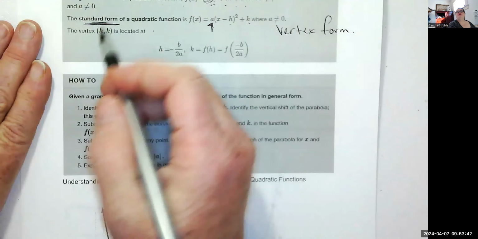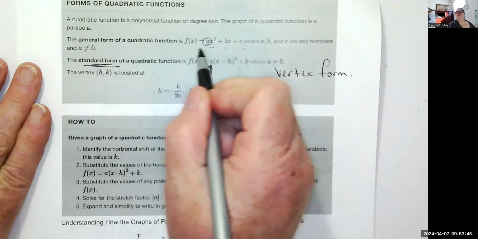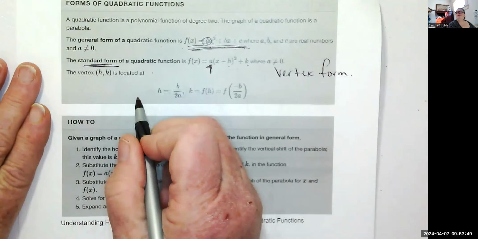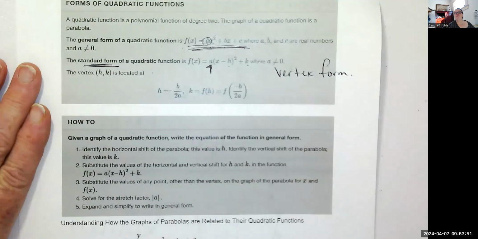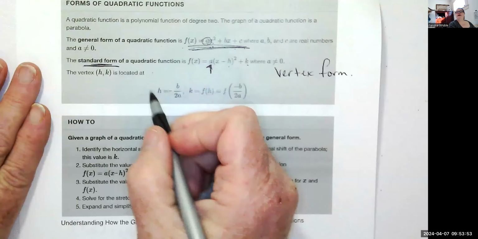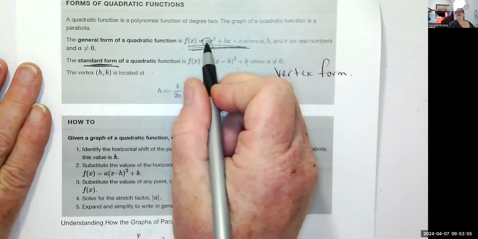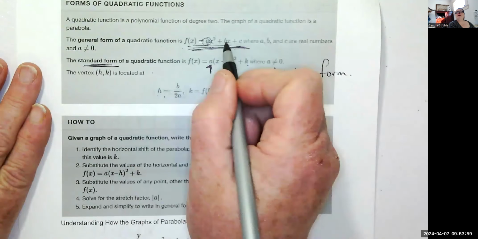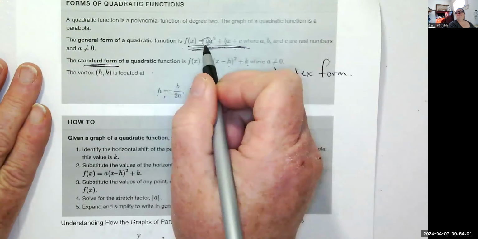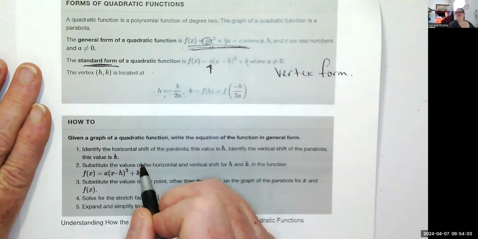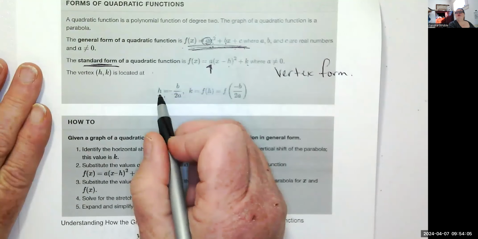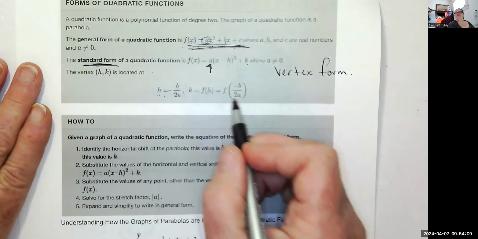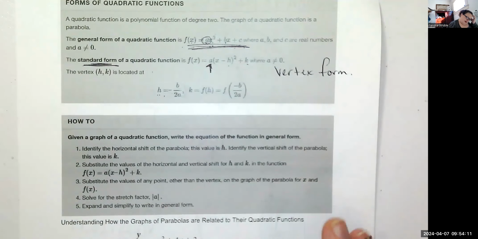To find your vertex, if you're given this form, one, you can complete the square. That's one way we'll do it. The other way is to take a, b, and c here, and h is equal to negative b divided by 2 times the coefficient of x squared, which is a. Once you have that, you can plug h into where the x is and solve for k. Okay, we'll do that.